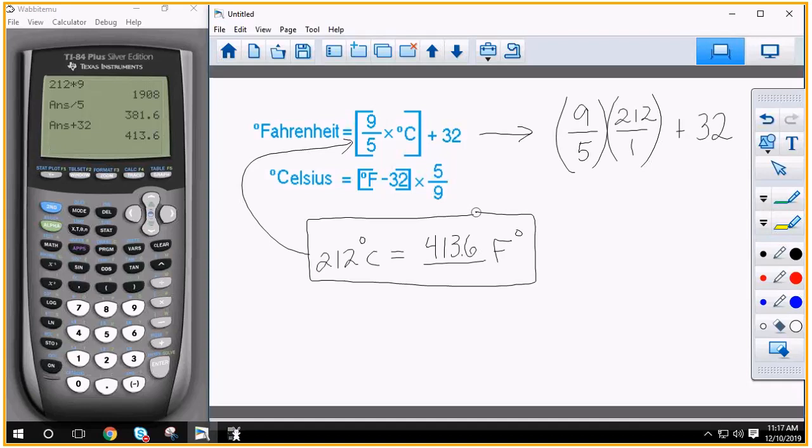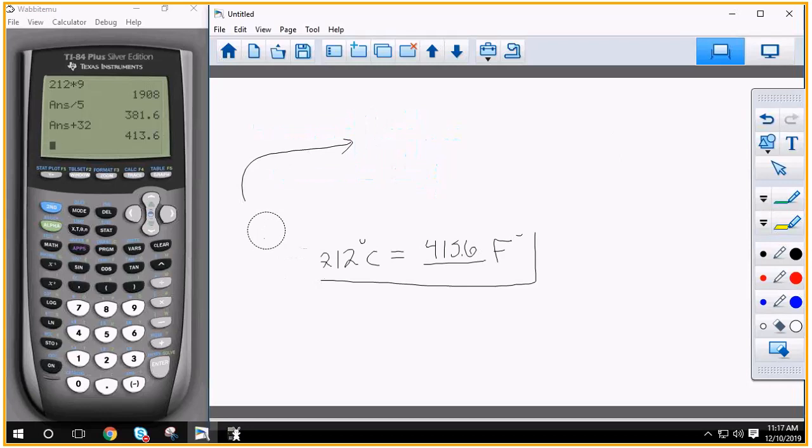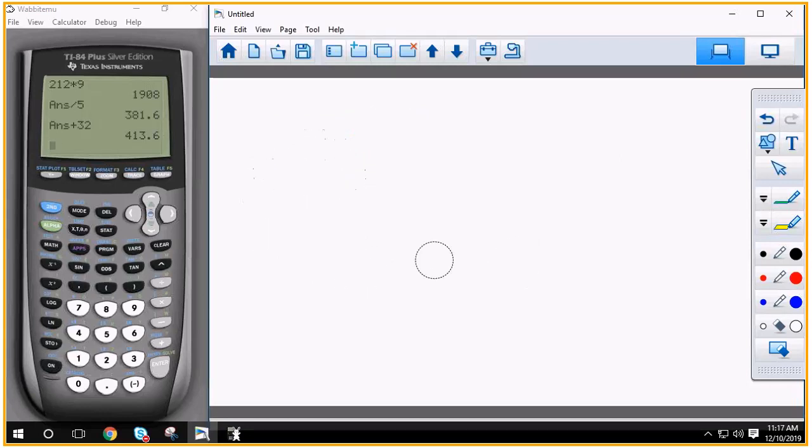So let's try a couple more. Let's go with 0 degrees Fahrenheit. I want to know how much that is Celsius. Okay?